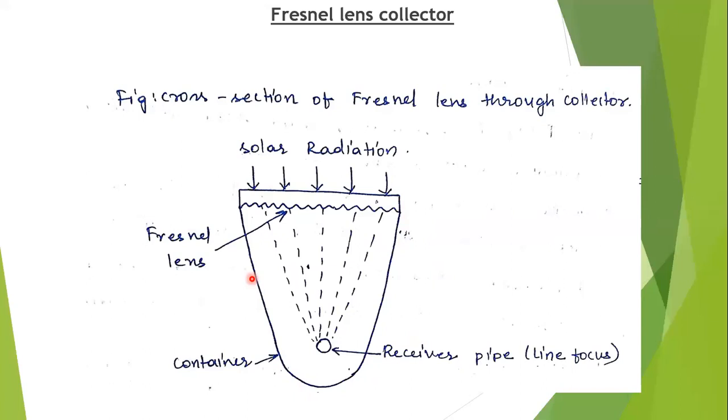These are also oriented in two types, vertical and horizontal orientations. The trough is oriented in the north-south direction with rotation about the lengthwise axis, and the north end of the trough is raised to increase the slope as the sun's elevation decreases, and vice versa. As in the parabolic type of concentrating collectors, here also we are raising the north end of the trough so that the solar radiation intensity on the trough increases as the sun's elevation decreases, and vice versa.